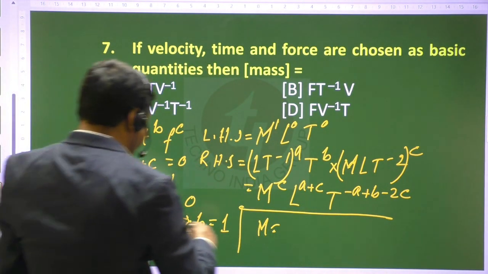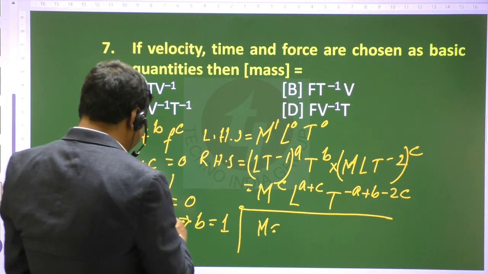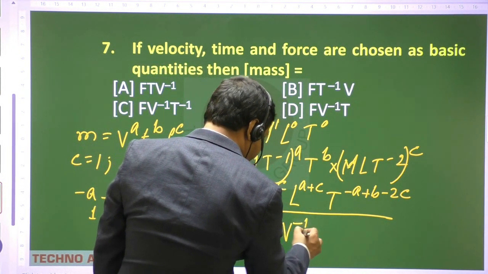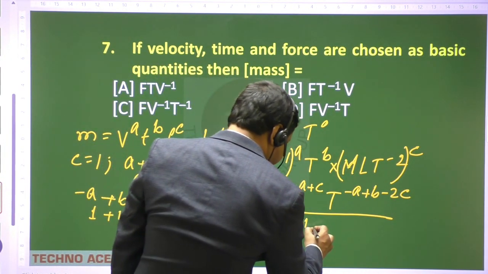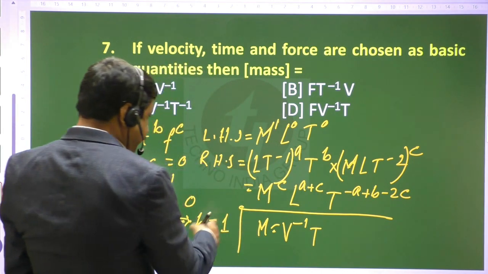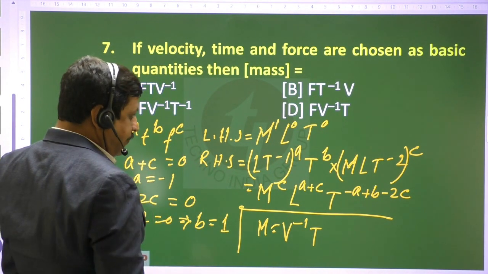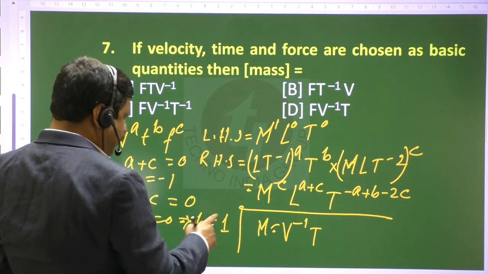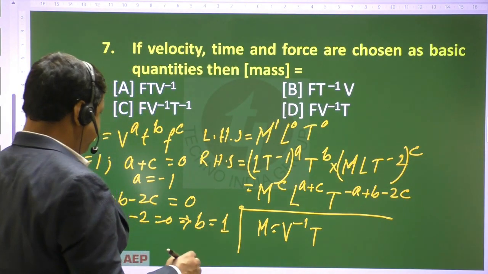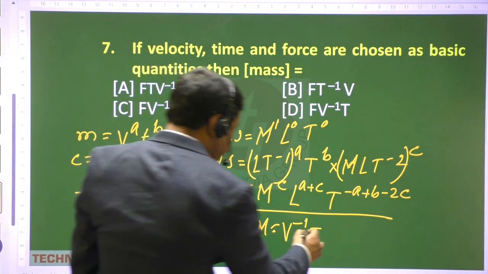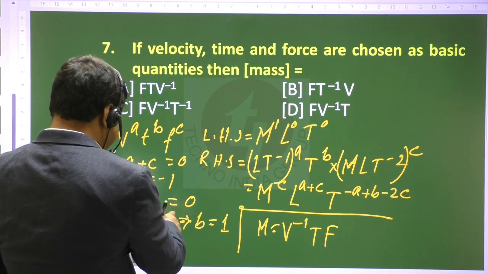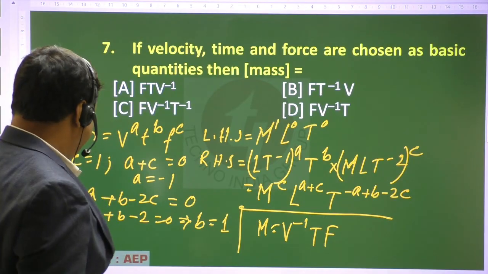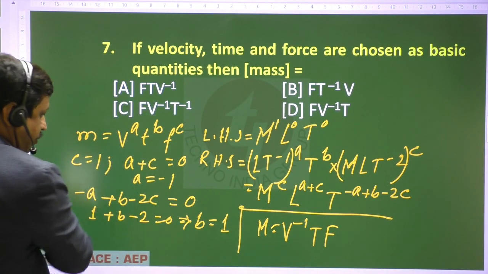So the dimension of mass will be v to the power a, where a is minus 1, t to the power b, where b is 1, and F to the power c, where c equals 1.